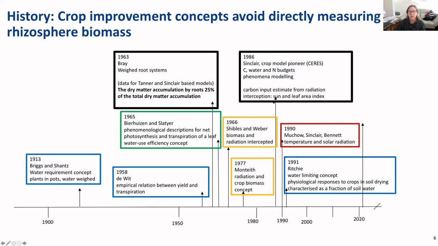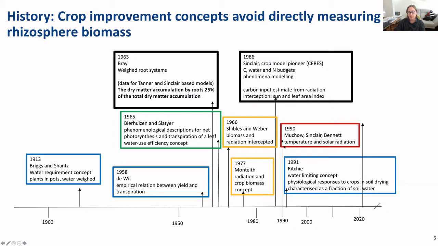And really, after this, in 1986, Sinclair in the US, really the pioneer behind the main crop growth models that come from something called CERES, took these above ground concepts, so carbon input into the plant and biomass can be estimated from the radiation that's intercepted, so the sun and the leaf area index.